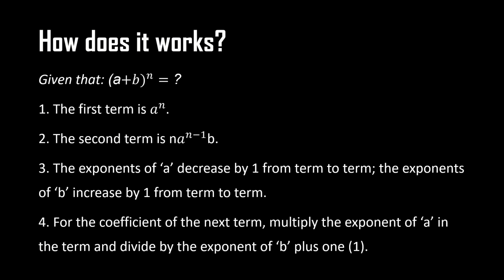So to understand it further, we will have our example. So for example number 1, quantity (3x plus 4y), quantity raised to 7. So we're going to expand this polynomial.